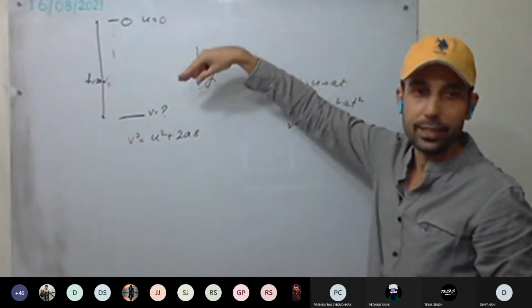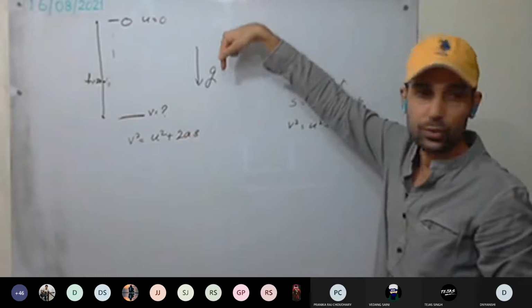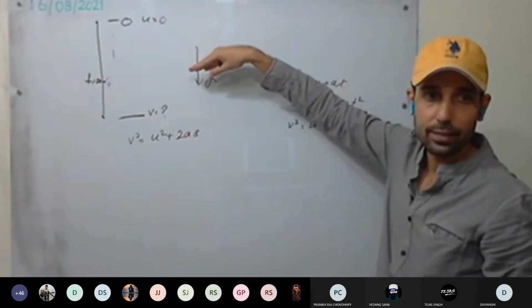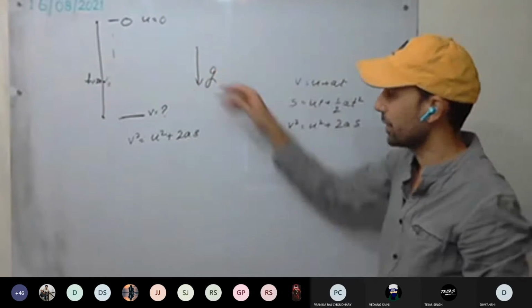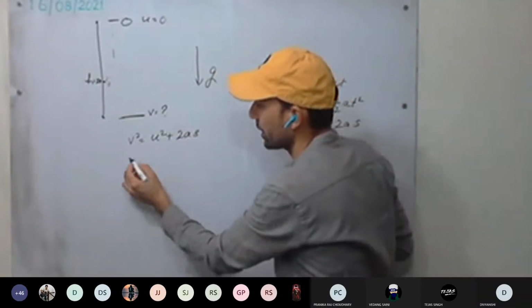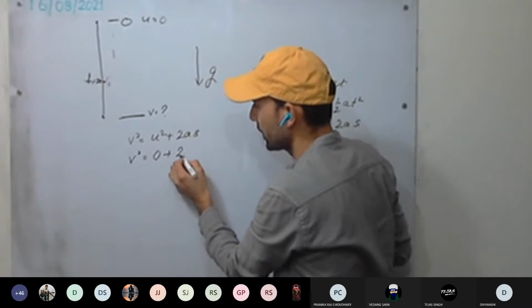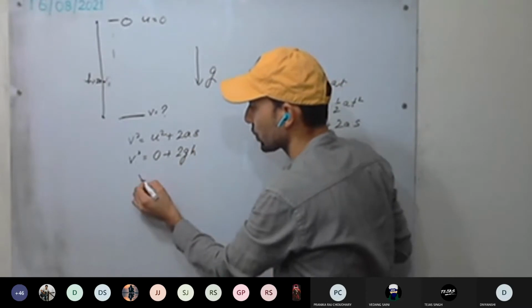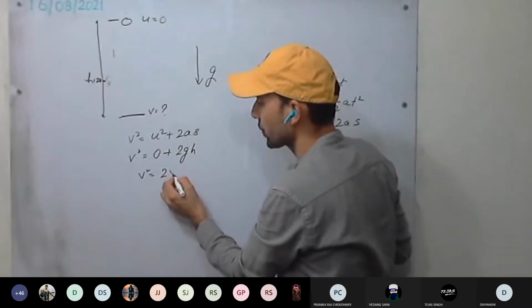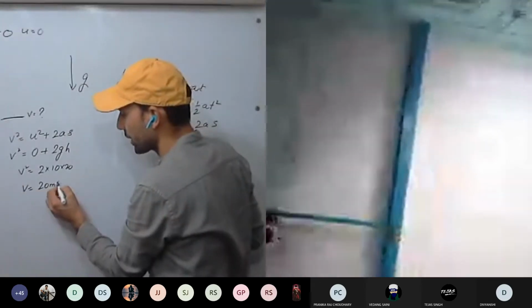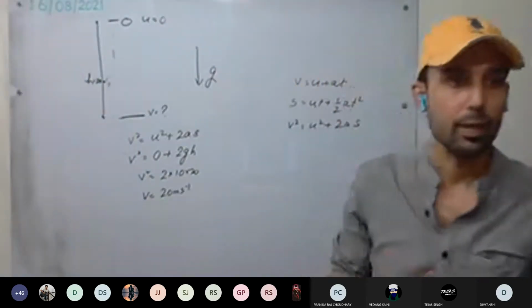The body will be accelerating, motion in this direction, acceleration also in this direction, so it will be a plus sign. V square, we have to calculate. U will be 0, plus 2gh. So V square equals 2gh, which is 2 into 10 into 20. Again, we are getting 20 meter per second.